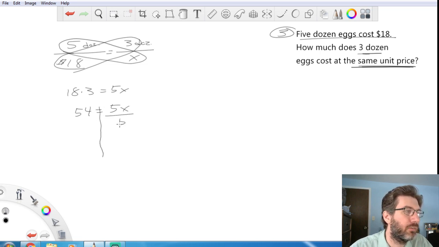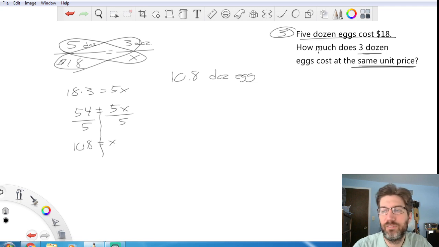Get x by itself, so divide by 5. 54 divided by 5, you're looking at 10.8 equals x. So this number is actually 10.8 dozen eggs, not just eggs. So it does make sense to have 0.8 of a dozen. You can have 0.8 of a dozen.